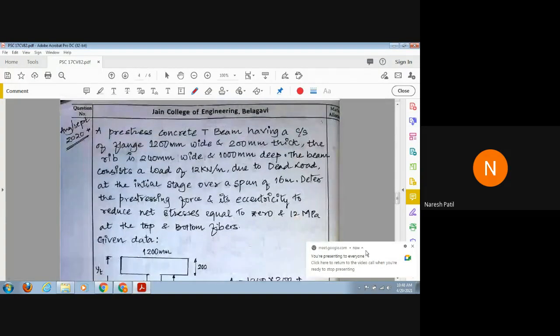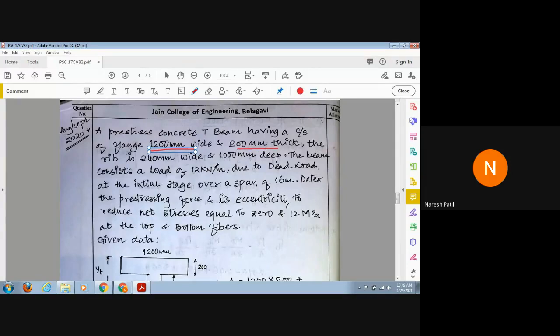Okay, can you see the screen now? Yes, sir. Okay, so this question has been asked in August, September 2020. See, in the previous year, August, September exam 2020. Okay, so the question is here, a pre-stressed concrete T-beam having a cross section of flange 1200 mm wide and 200 mm thick.